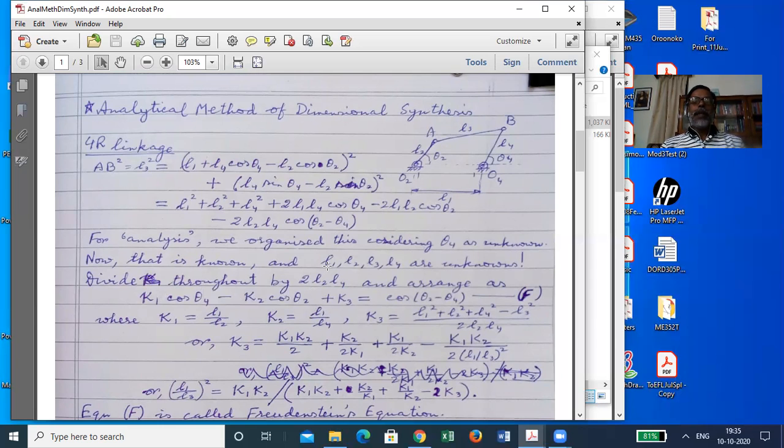In the three independent ratios of these, we have got three groups, K1, K2, and K3, which is equivalent. So either you say that these are my unknowns, K1, K2, K3, or you say L1 by L4, L1 by L2, L1 by L3. These are my three unknowns. They are simply ratios, L1 by one of the others.